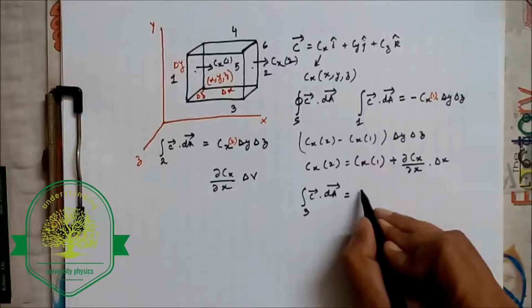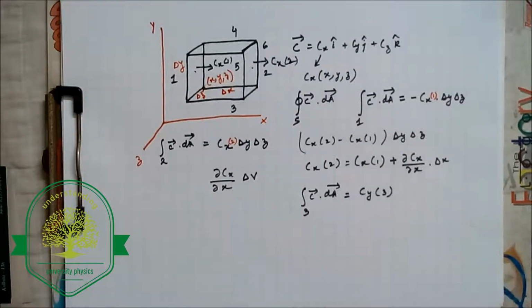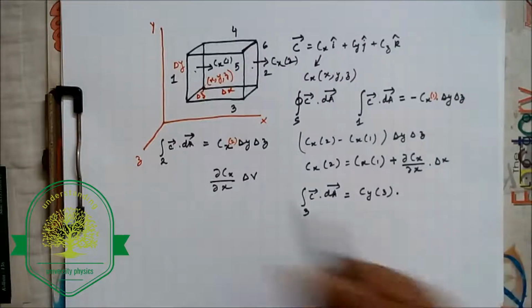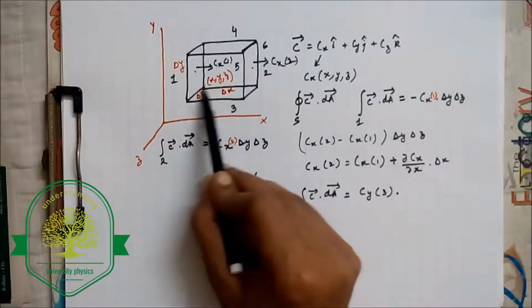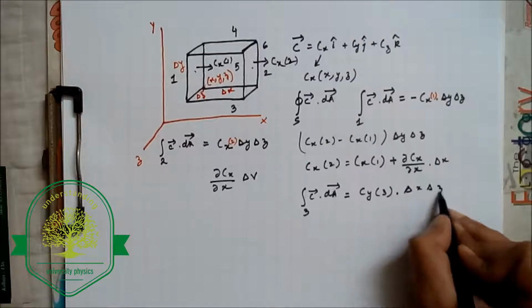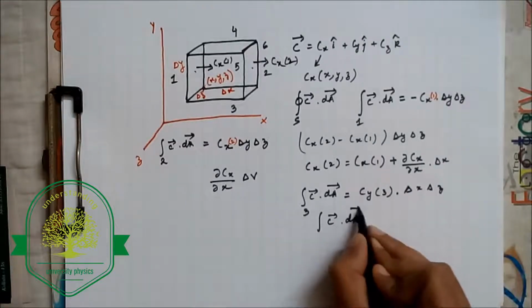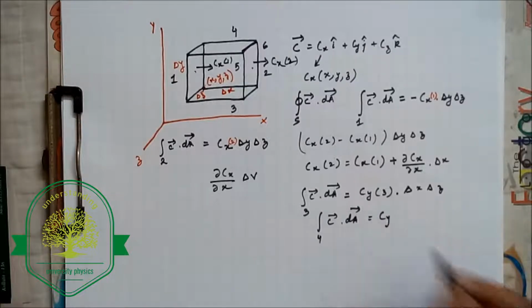So we have a cy at surface 3 multiplied by the area of surface 3, delta x, delta z. Similarly, c dot dA over surface 4 is just cy.